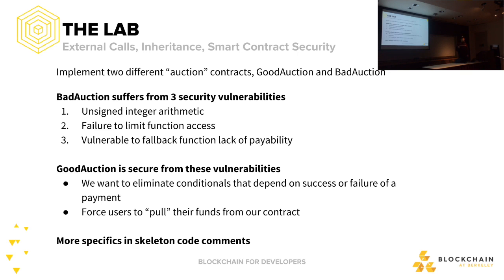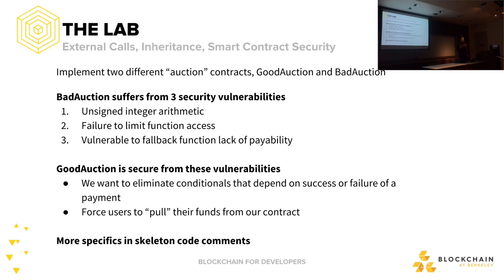Bad auction, as the name might suggest, suffers from security vulnerabilities, specifically the 3 security vulnerabilities that I just reviewed: some kind of unsigned integer arithmetic error, failure to limit function access using modifiers, and a vulnerability due to lack of fallback function payability. Good auction, on the other hand, is secure against these vulnerabilities.